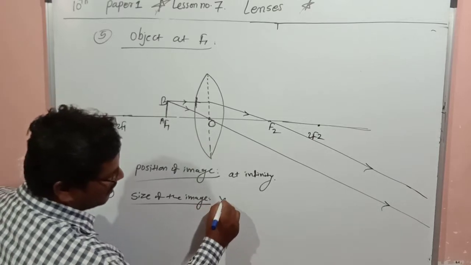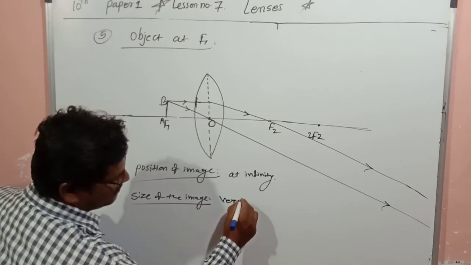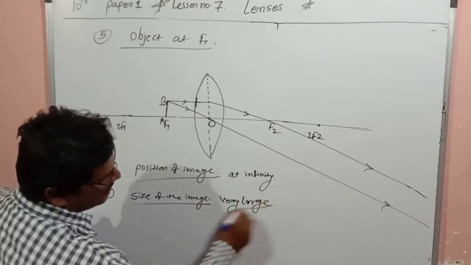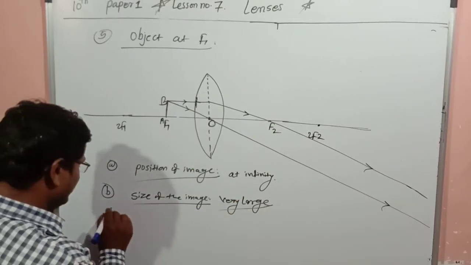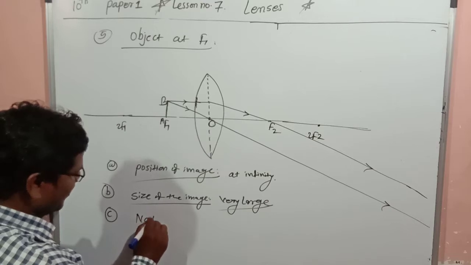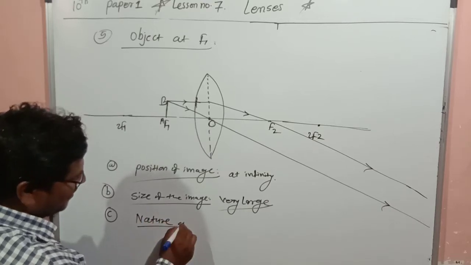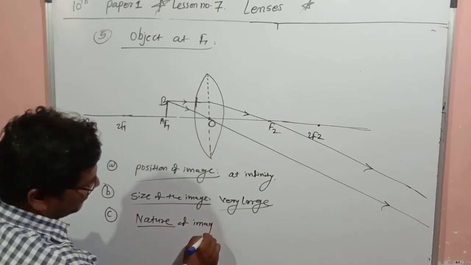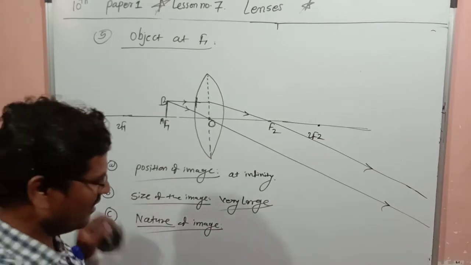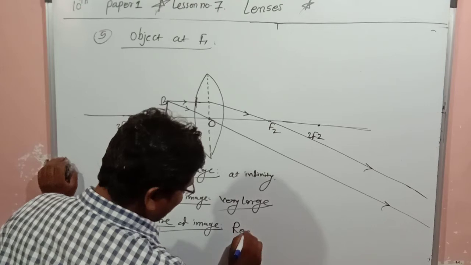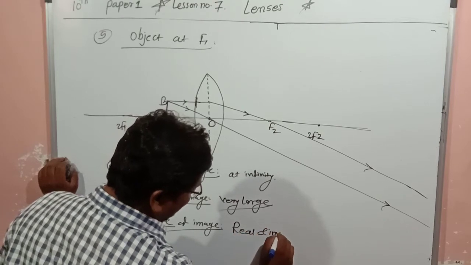It will be very large, larger than the object, you can say. And the third point is the nature of the image. What is the nature? The nature will be real and inverted.